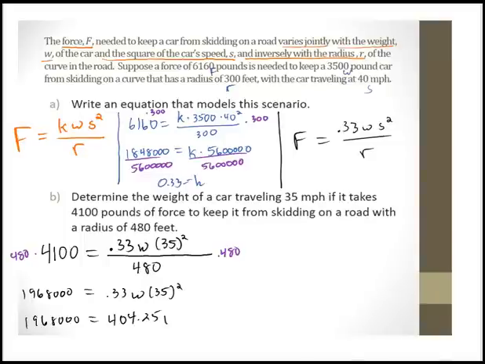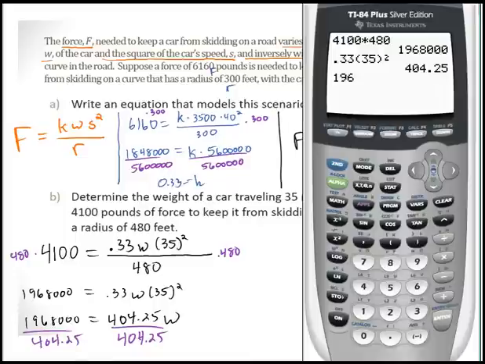And so now let me divide through by the 404.25. 1,968,000 divided by 404.25. And let's just round to the nearest whole number, 4,868.